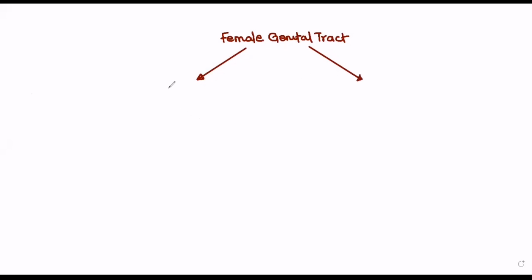So the lower genital tract, we have the vagina, or if we want to work our way from down to up, the first thing we mention is what? The vulva, isn't it? Yes, Doc.